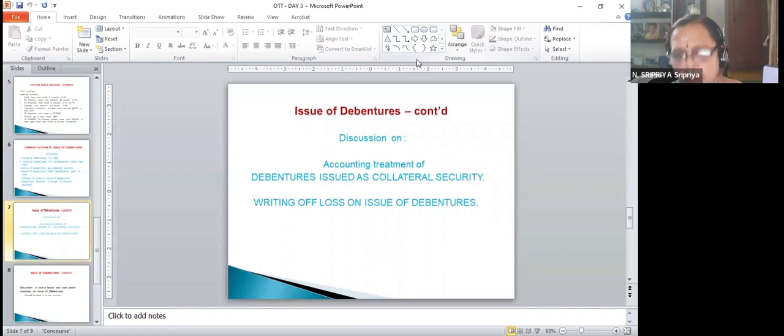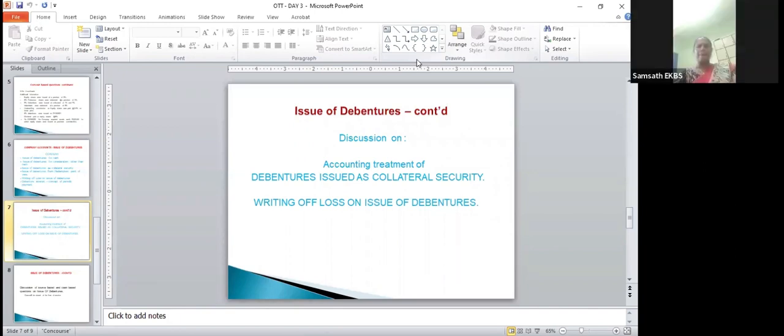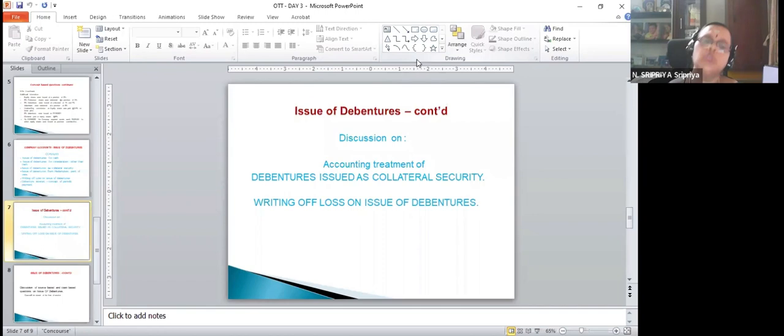That is one thing. And please teach the students preparation of debentures ledger account and loss on issue of debentures account. Debentures account, you may have the balance for 3 years or 4 years, whereas loss on issue of debentures account will have only 1 year. It is closed at the end of the same year, that is the year of issue.